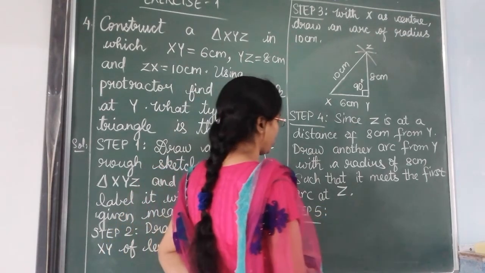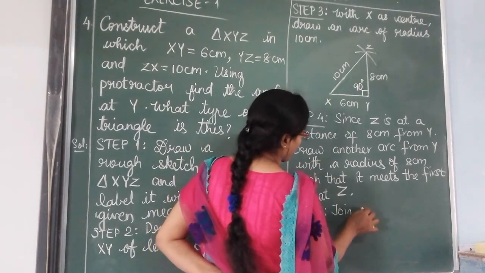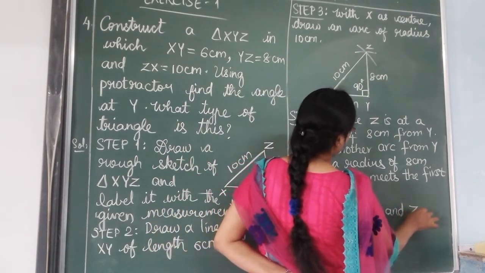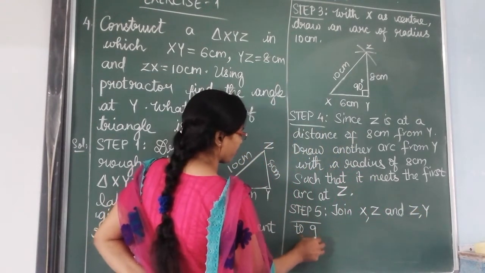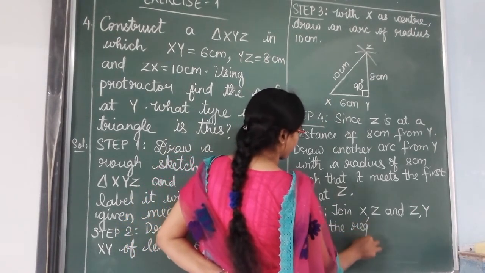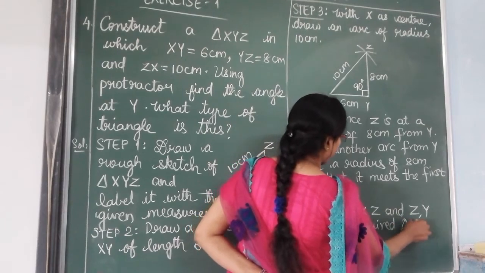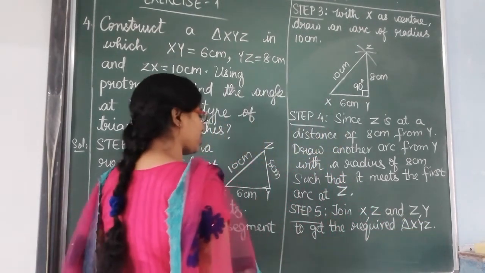Now let's write step 5. Step 5 is join XZ and ZY to get the required triangle XYZ. Understood this?